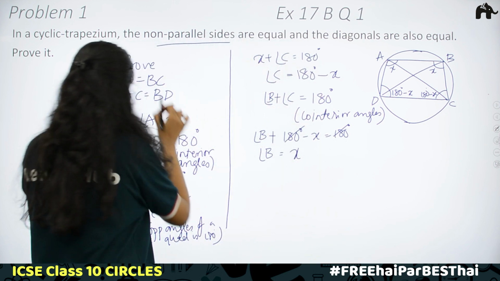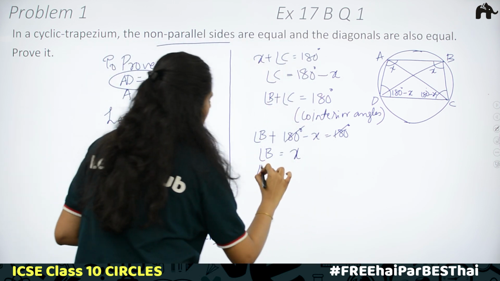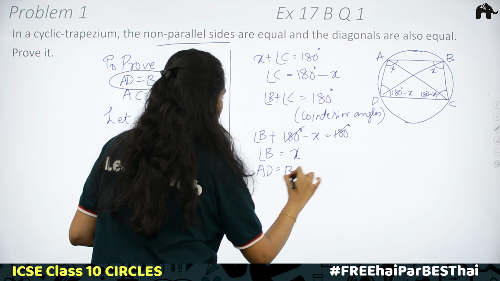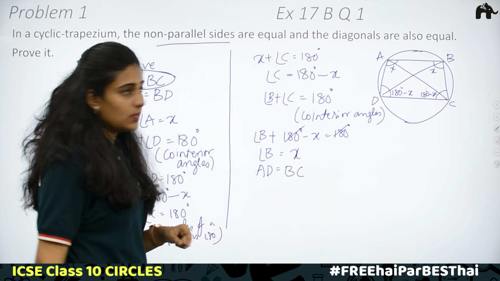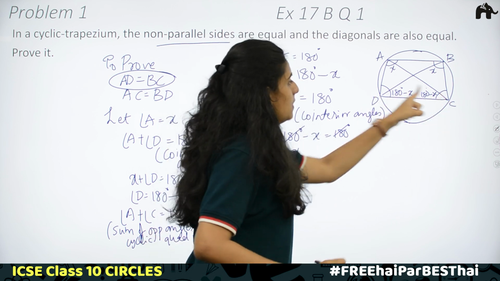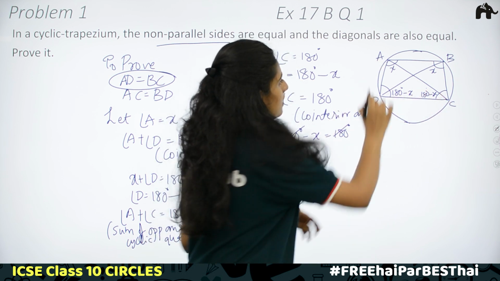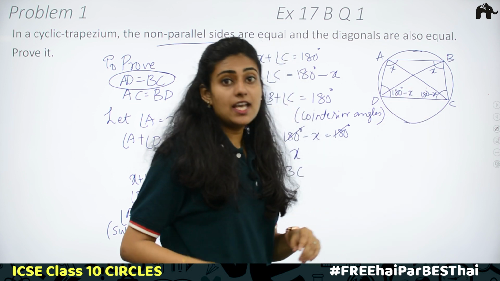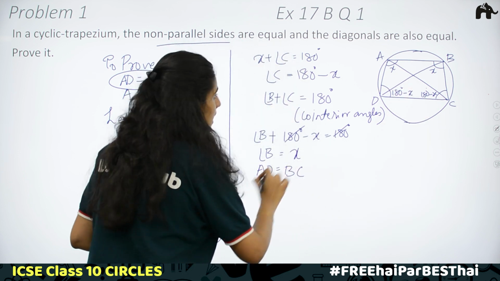Now, what should we show? We have to show that AD is equal to BC. These are the base angles. Since base angles are equal, this trapezium ABCD is an isosceles trapezium.